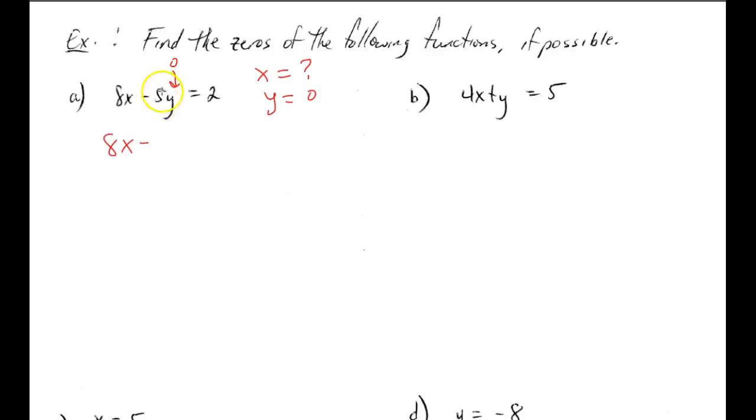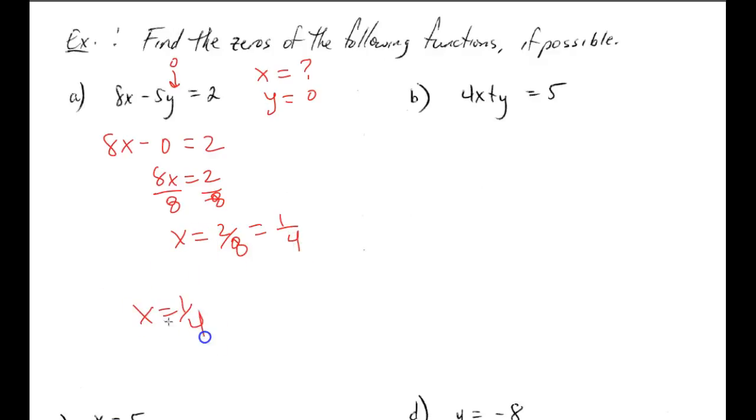If we do that, this term goes to 0, which means we just have this, and we can divide by 8. Here we see 2 8s reduces to 1/4. So x equals 1/4 would be our zero, meaning the value of x that we can plug into this equation to get a y value of 0.